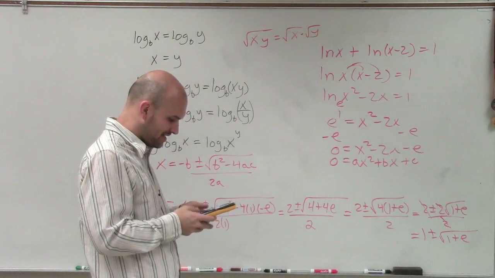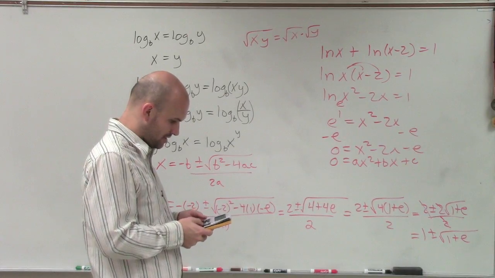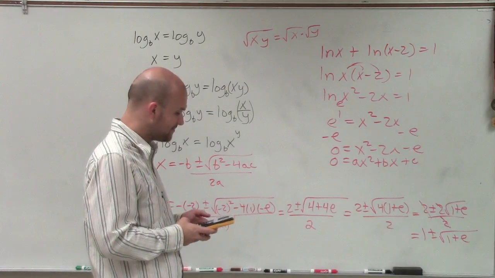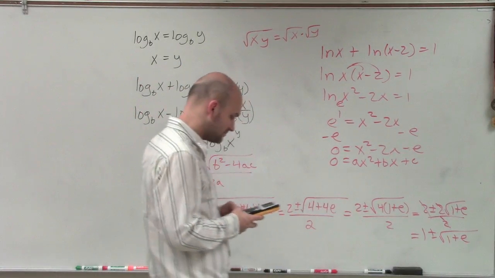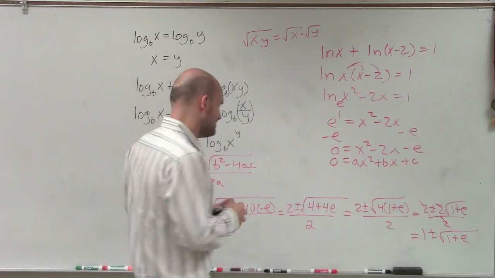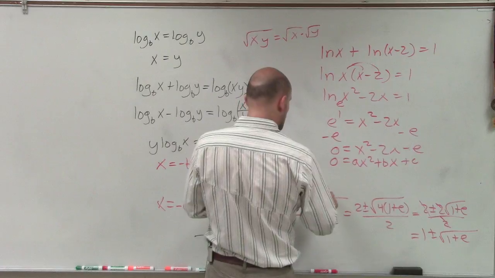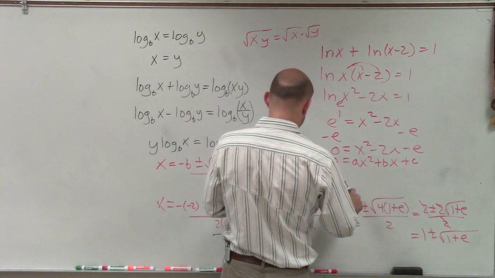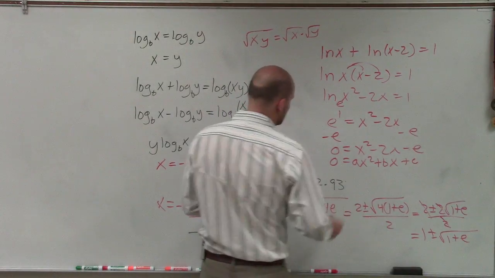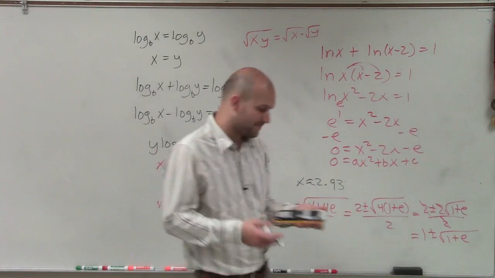So if I do 1 plus e, take the square root of that answer, and then add 1 to it, I'm going to have my one solution, x equals approximately 2.93. Which you guys notice, if I put in 2.93 for x in both these equations, I'm going to have a positive value.